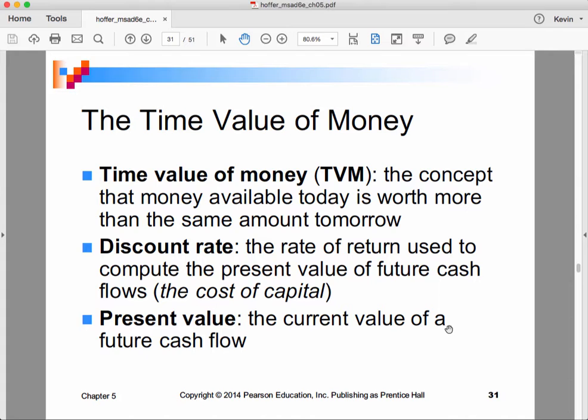So the discount rate that we're going to use for this kind of analysis is usually some blend, somewhere in between what we could get if we put the money in the bank, our savings rate, or what we would have to pay if we had to borrow the money, our loan or lending rate.